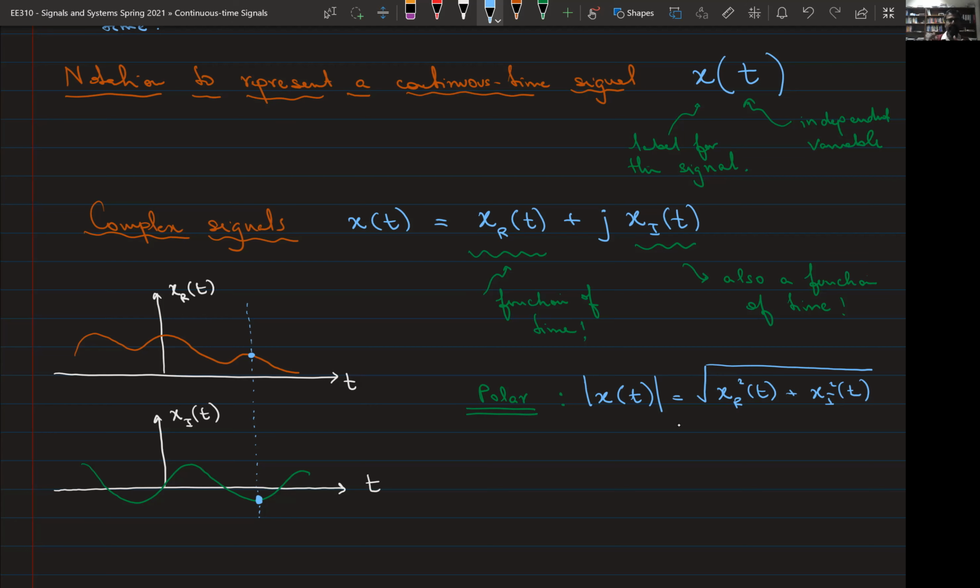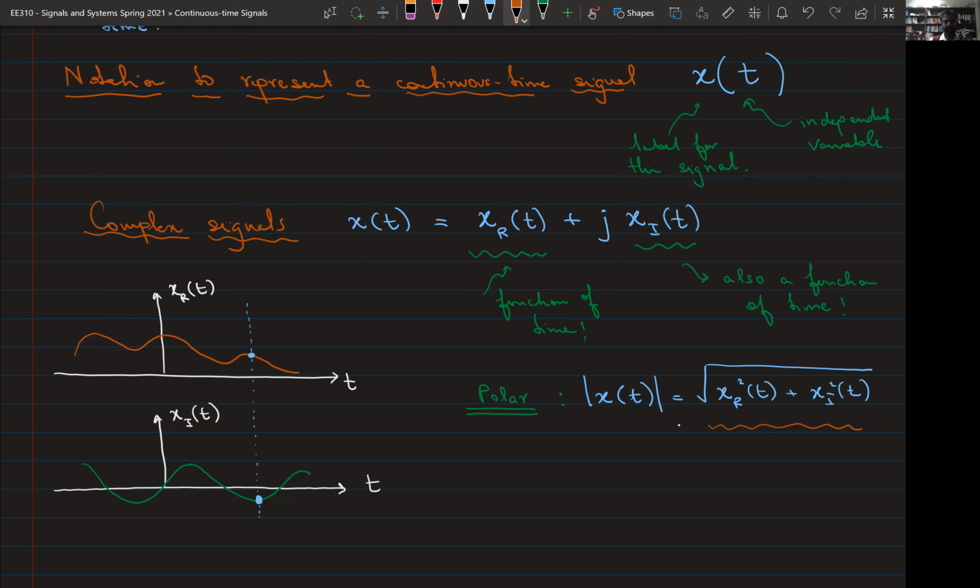What I get is another function of time, because essentially at each and every particular time t, I'm squaring and adding and taking the square root, and I'm doing this for all the continuum of values of the time t. So this is being done all over the place from minus infinity to plus infinity.